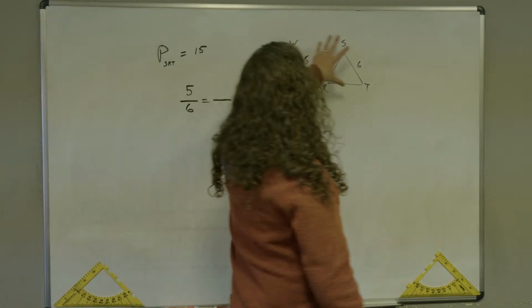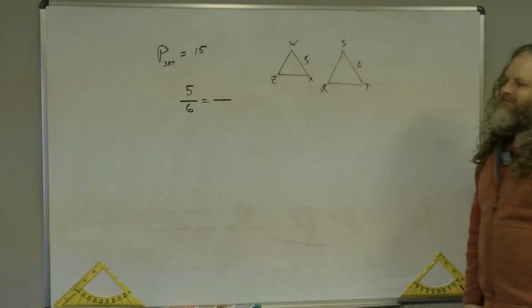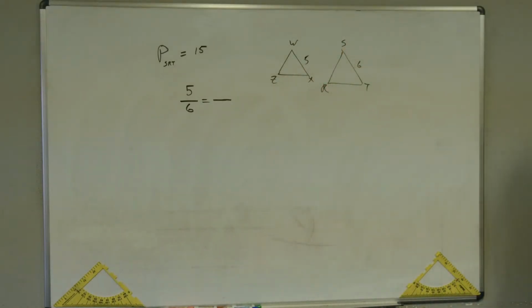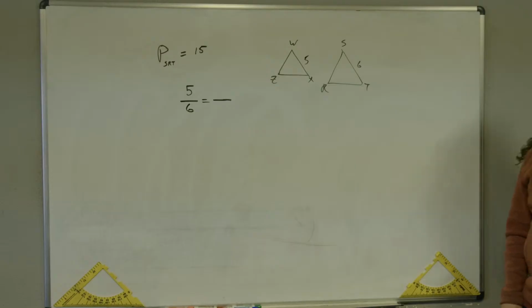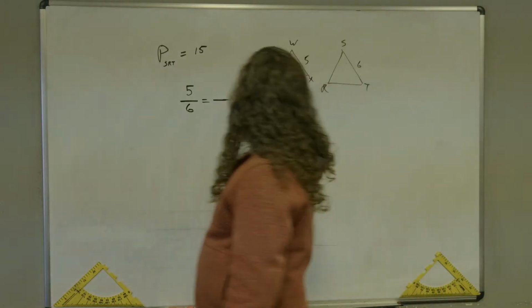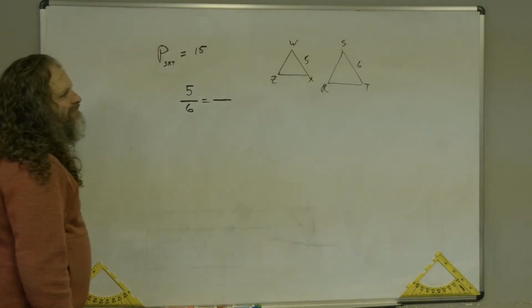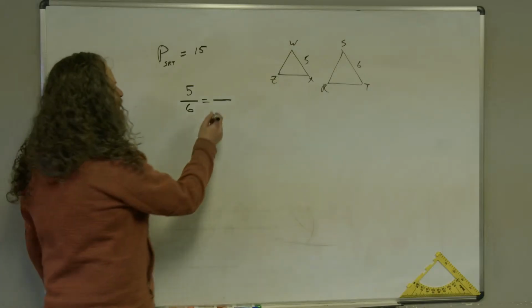This one or this one? Oh, you have to say it's this one. So would it go with the 5 or the 6? The 6. True enough.